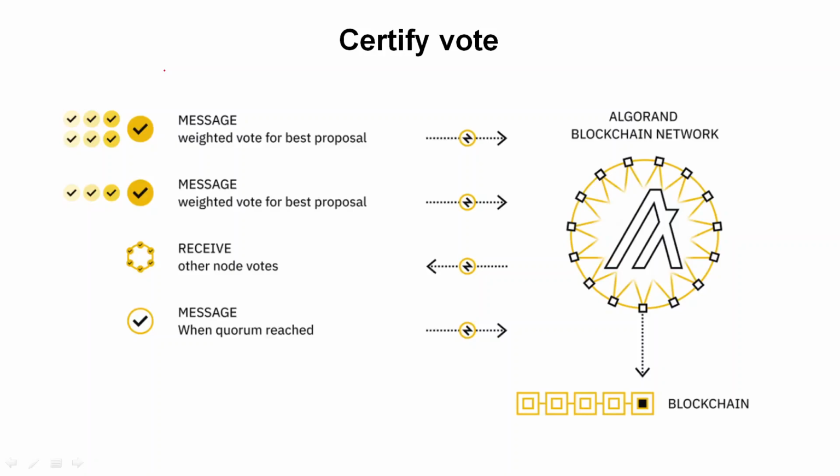But it just checks the block proposal that was voted in the soft vote stage for overspending or double spending. Finally, it will certify the vote. Certifying the vote is nothing but certifying the block.